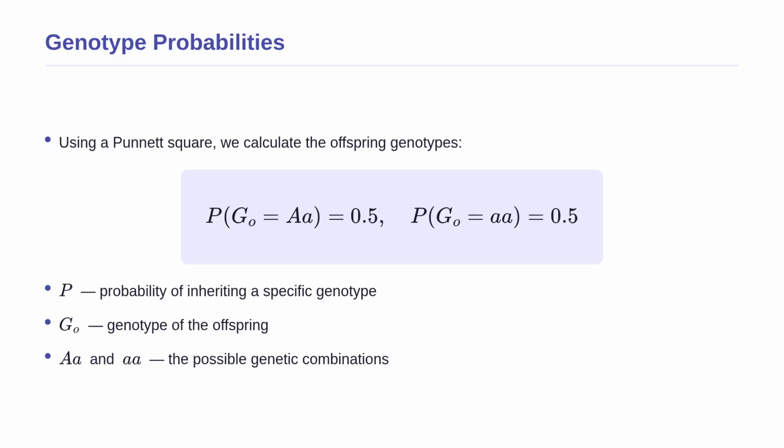The probability for the capital A lowercase a genotype is 0.5, and the probability for the lowercase aa genotype is also 0.5. Normally, we would expect the offspring with the lowercase aa genotype to be pale immediately because they lack the dominant allele, but we must account for the mother's contribution.